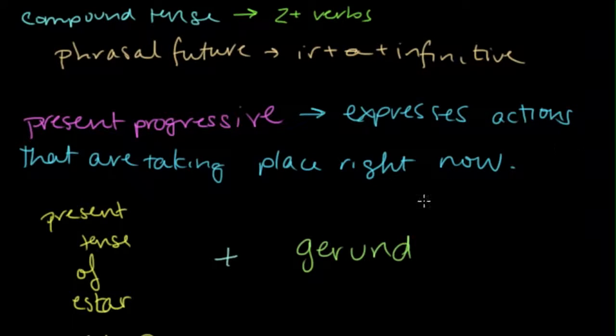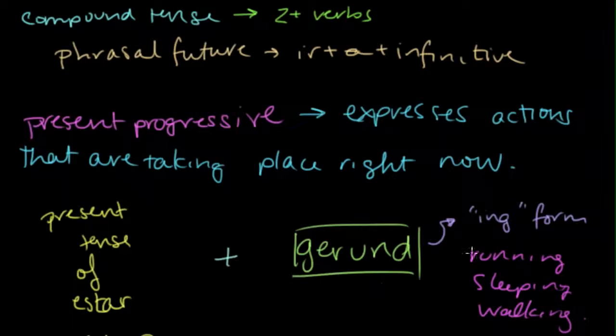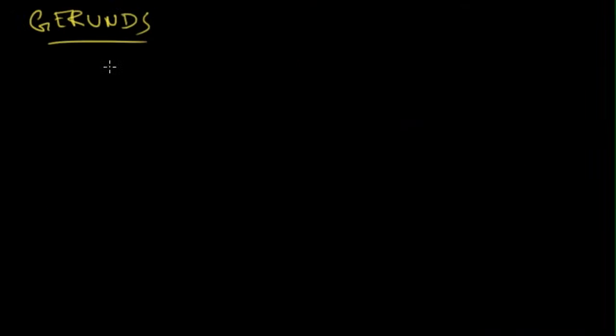We're going to talk about what a gerund is and how to form them in Spanish. This is basically the ing form of a verb in English. So you have things like running, sleeping, walking, stuff like that. So the first thing we have to do is figure out how we make that same sort of idea in Spanish. Now there's a pretty easy formula to do this.